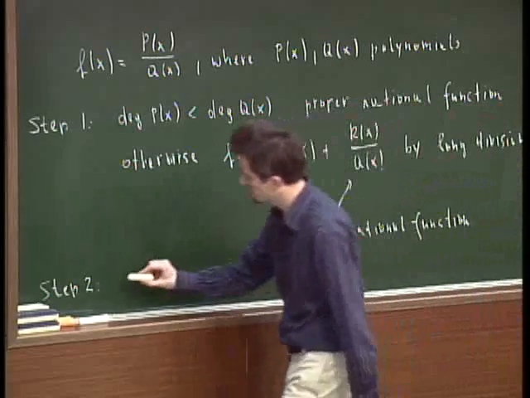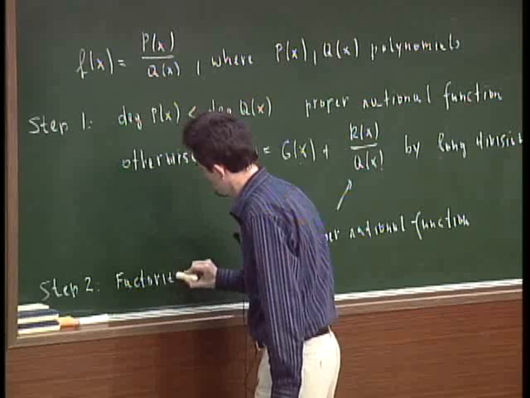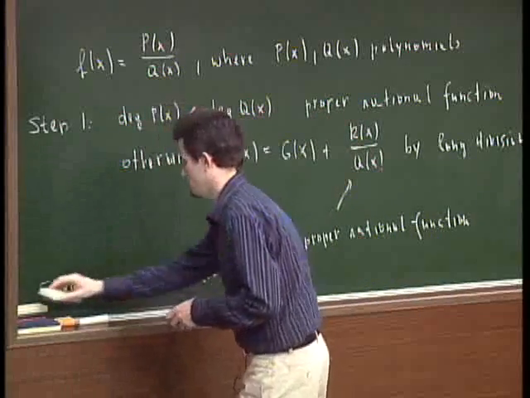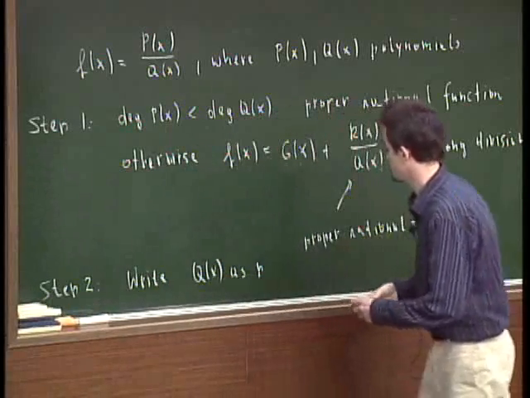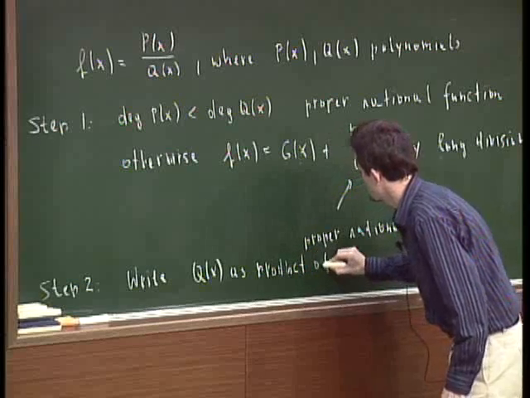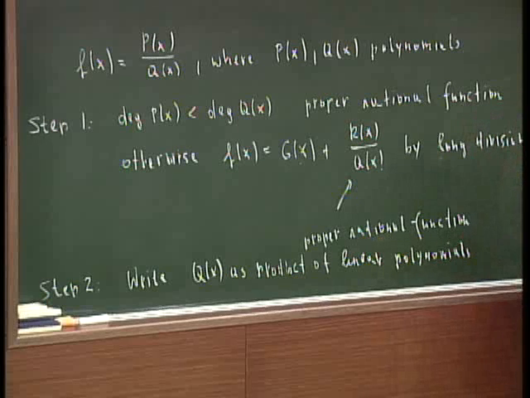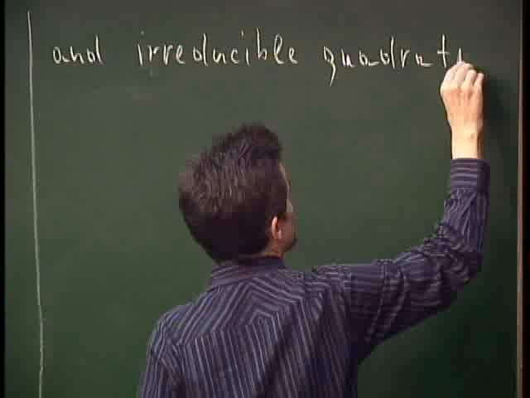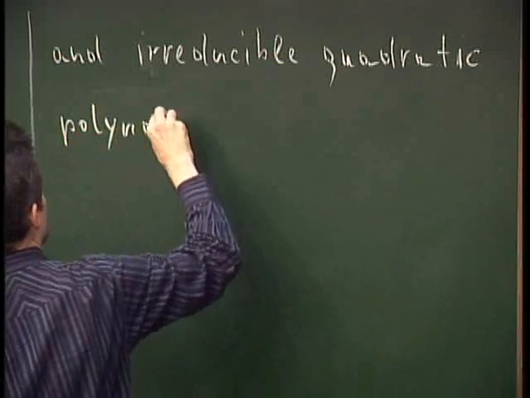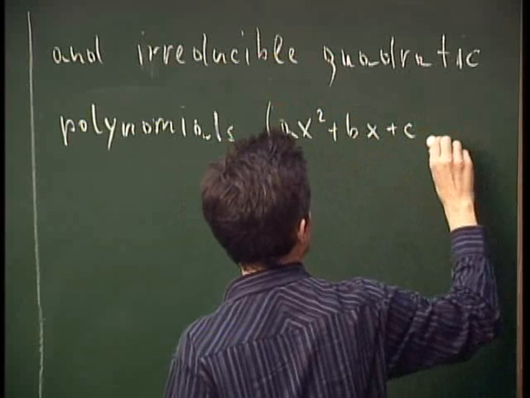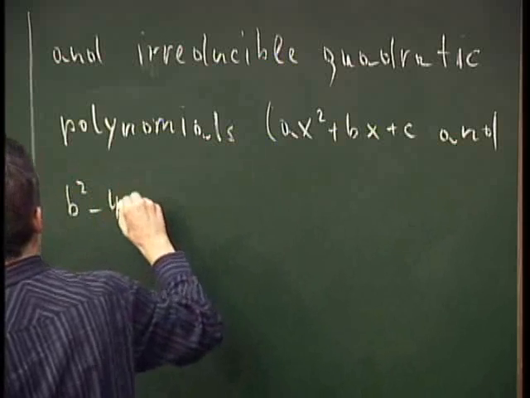So in step 2, we factorize q(x) as a product of linear polynomials, which are polynomials of the form ax plus b, and irreducible quadratic polynomials, which are of the form ax squared plus bx plus c, where b squared minus 4ac is smaller than 0.